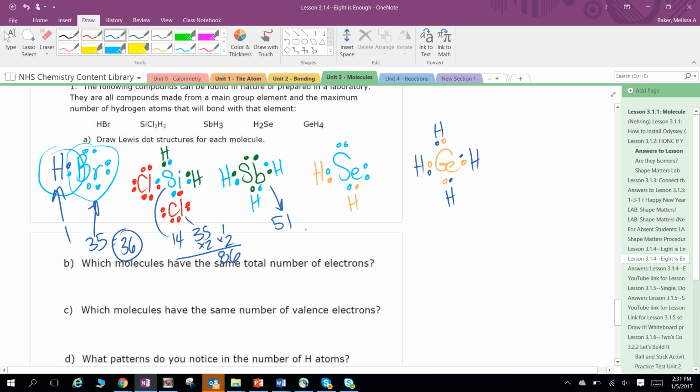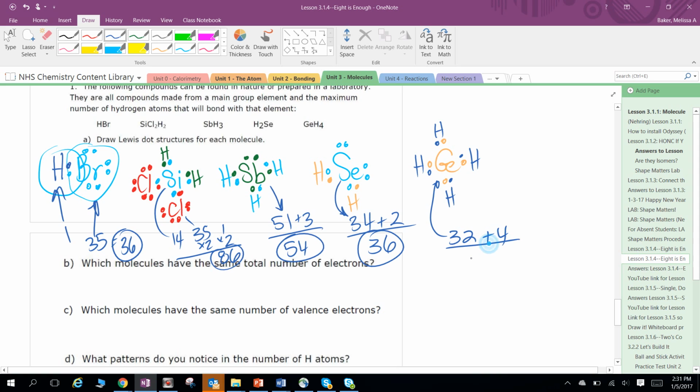Sb is 51, plus the 3 hydrogens makes 54. Selenium's number 34, plus the 2 hydrogens makes 36. Ge is number 32, plus the 4 hydrogens also makes 36.